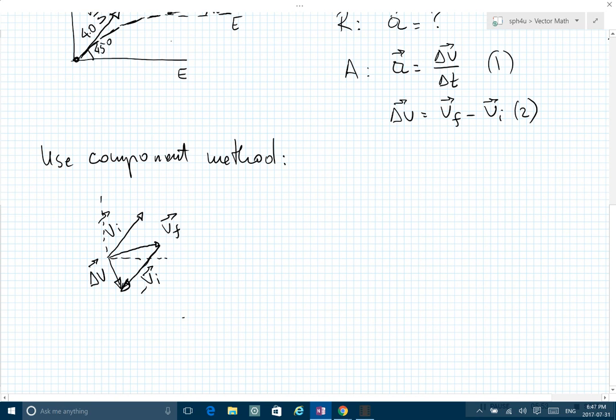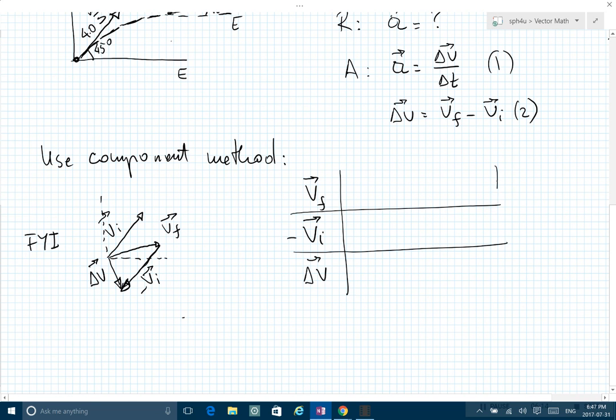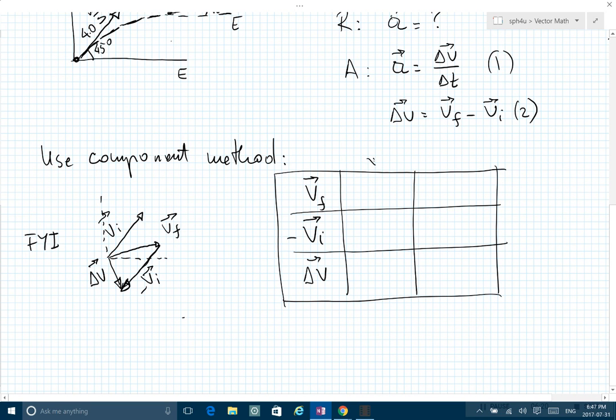And again, just FYI, you don't really have to draw this. But the component method: we have VF, the vector, we have negative VI that we have to add, and we want to find delta V, the change in velocity. Both our vectors are in the first quadrant, however VI will become negative, the X and Y components.